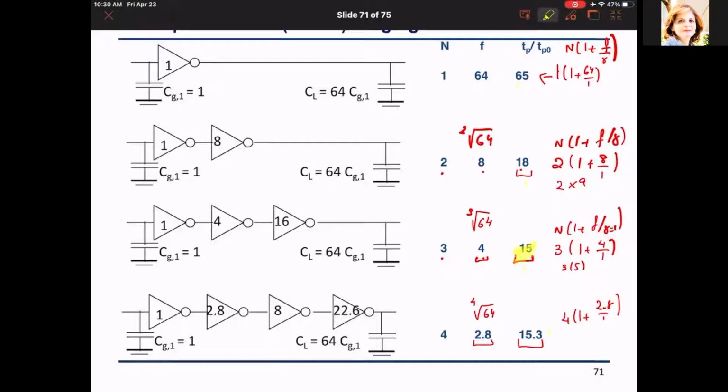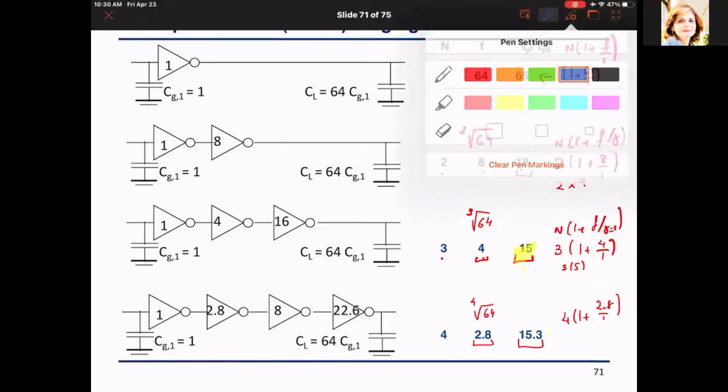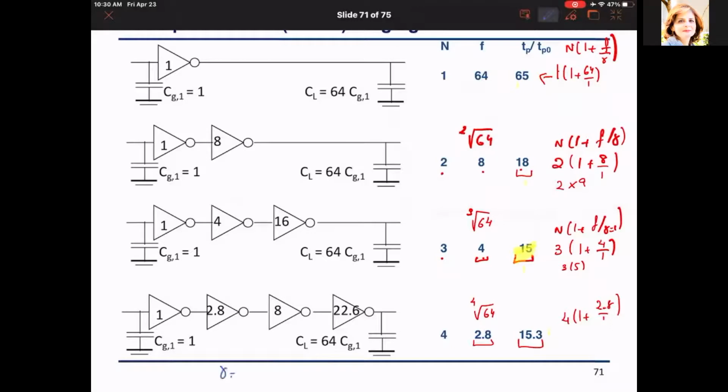Okay, so if we compare this to what we just talked about, that when gamma equals 1, to find the optimal n we set f equal 3.6. If we say that f equals 4, then I can find 4 as the cubic root of 64, and therefore n is equal to 3.